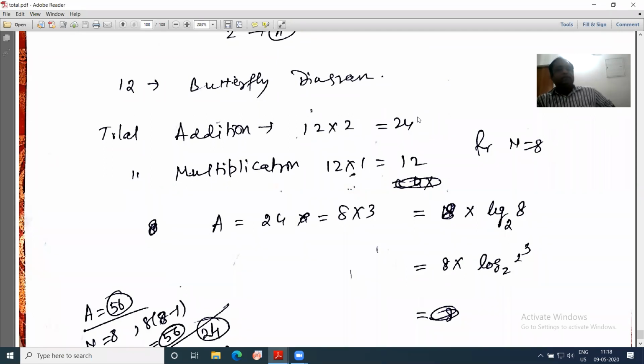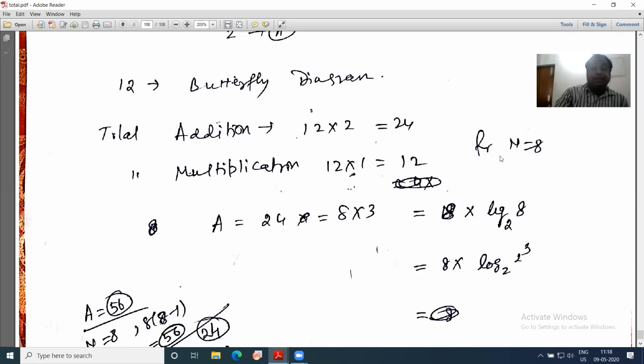Agreed? Now, further moving into the discussion, what I can write: 24 equals 8 into 3, that is 8 into log 2 base 8. Log 2 base 8 means how much? 3, because 8 is 2 to the power 3.